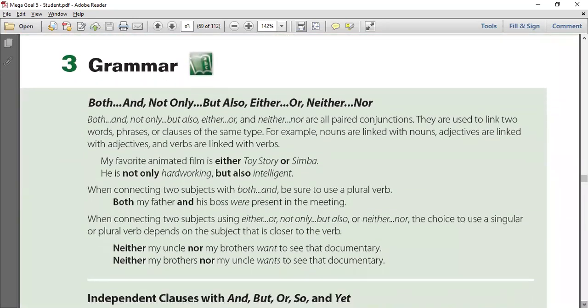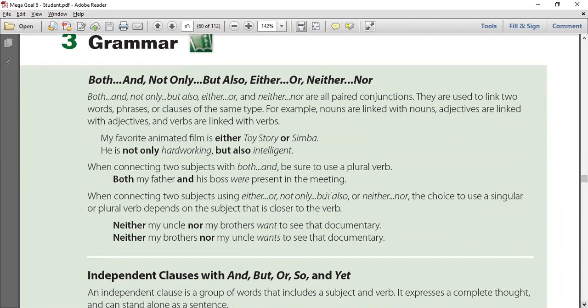Then we have the first grammar that we had, which is both and, not only but also, either or, neither nor. Let's have a long discussion trying to remember this grammar. If the revision was too quick or something, you have the lesson in Madrasati, in my school, at home, so you can go back to it again.